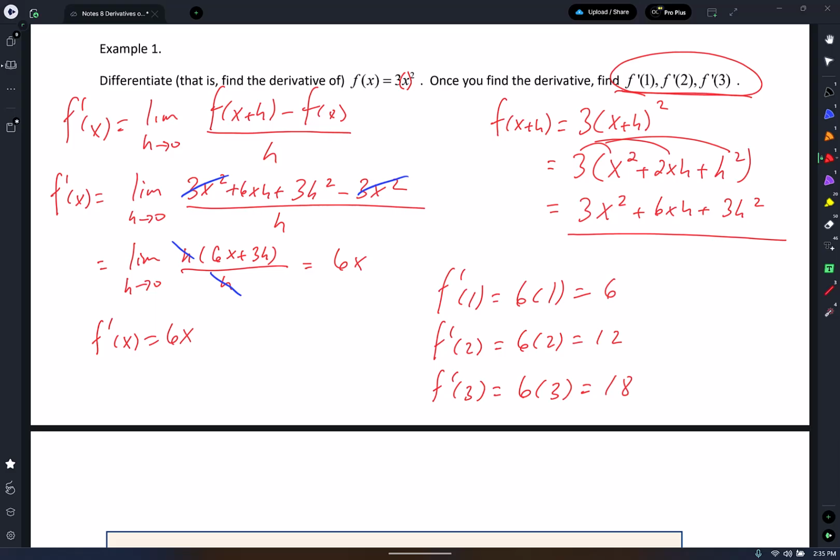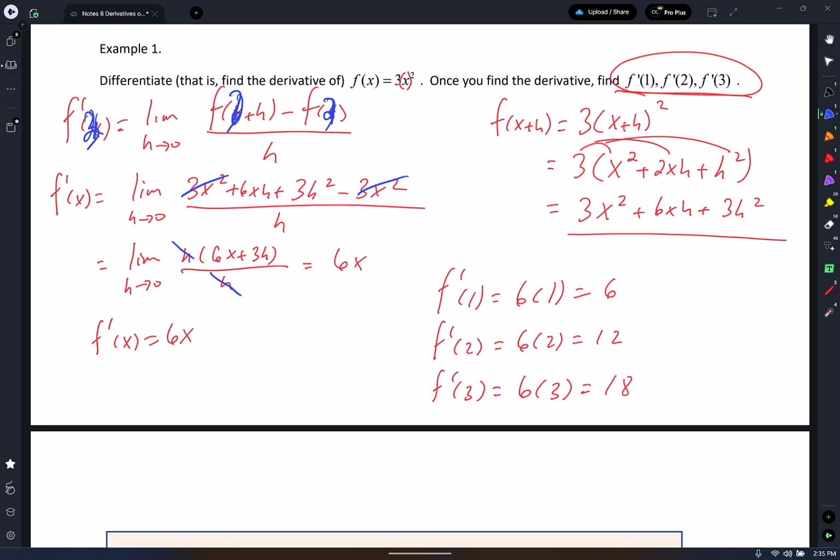Instead of plugging in the number directly, finding my slope at 1, finding my slope at 2, finding my slope at 3, I'm finding the expression for the derivative, or for my instantaneous slope, and then just plugging in that value. I could have plugged in the 1, 2, and 3 immediately right here, and then found it like that, but now I just left it in terms of x, got an expression, and then just plugged in 1, 2, and 3 for x.